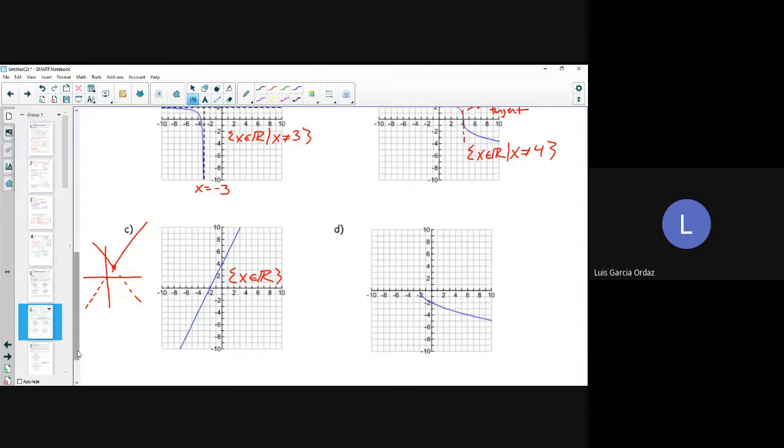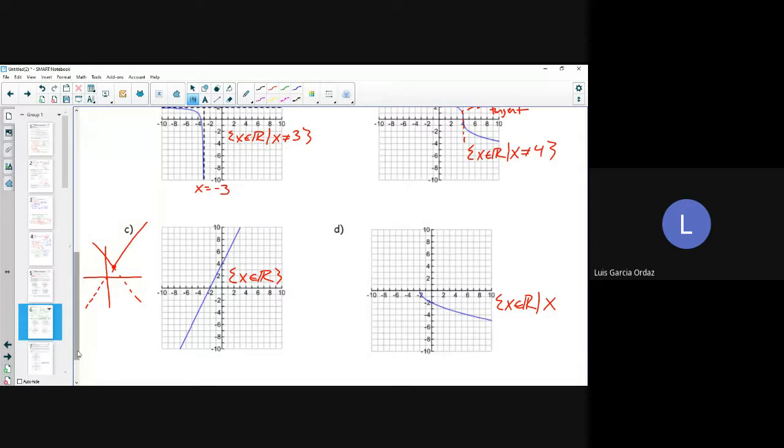And last but not least, for D, where is my graph differentiable? At what x value? So Ian, at x such that x is greater than or equal to 2. Okay.